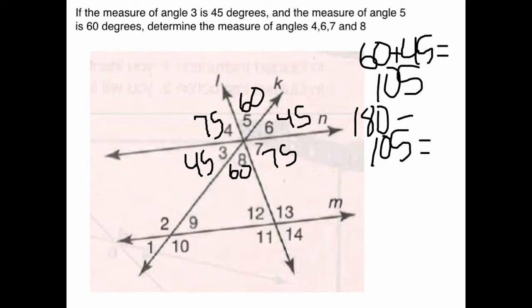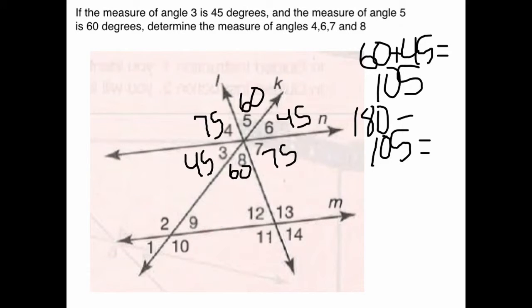Now, this is where it's going to get tricky. You're going to have to really pay attention. I'm going to go down here and figure out this little block. I'm going to start with angle 9. The angle that corresponds with angle 9 is angle 6. And corresponding angles, I know that's confusing because of this other transversal that goes through it, but angle 6 and angle 9 correspond with each other, which means they'll have the same measure.